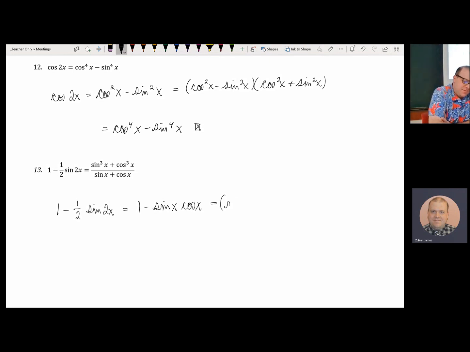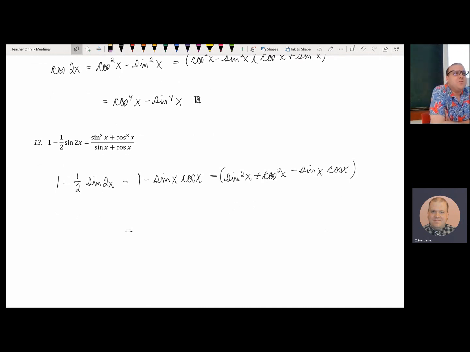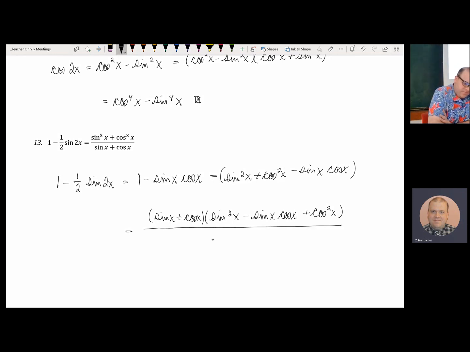I want to write it as sine squared plus cosine squared, not that it matters. But 1 is sine squared plus cosine squared, and we're always allowed to multiply by 1. Multiplied by sine x plus cosine x over sine x plus cosine x.